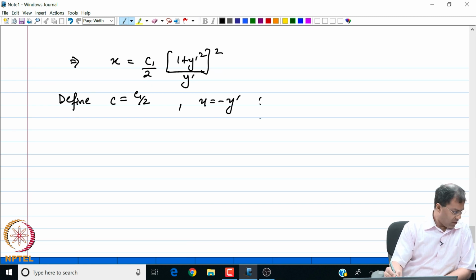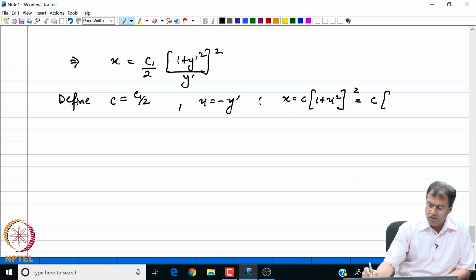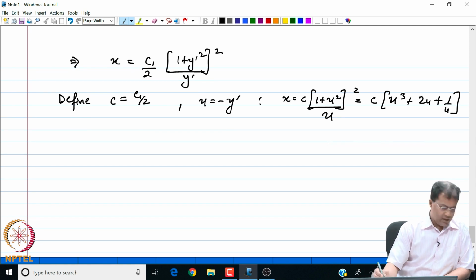From here what I see is x is C times 1 plus u square, whole square, divided by u. I just substituted these new functions and new constants, and let me open it up. This can be simplified to see that this is u cube plus 2u plus 1 by u.